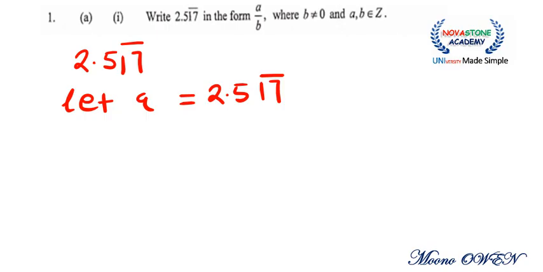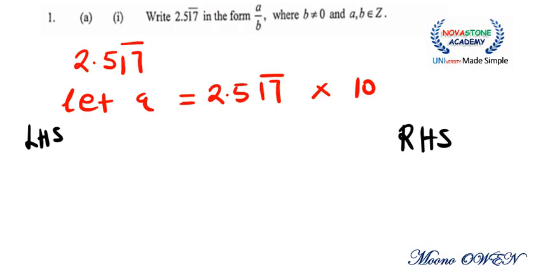Why am I multiplying by 10? Because we want this point to move one step forward. So I'm going to multiply on both sides by 10. Allow me to call this one my left hand side and this one my right hand side.